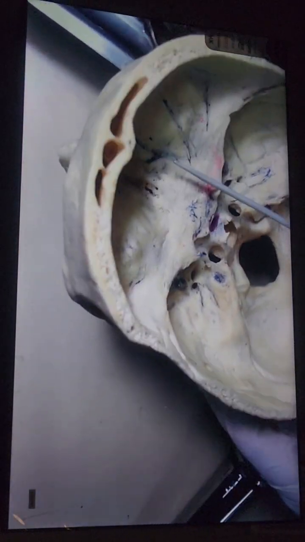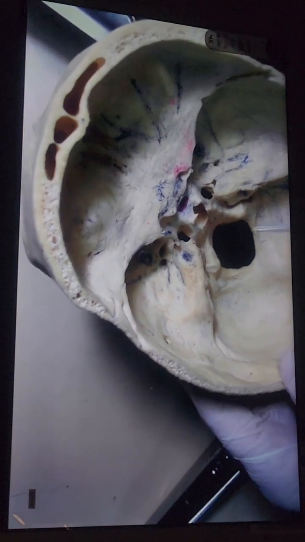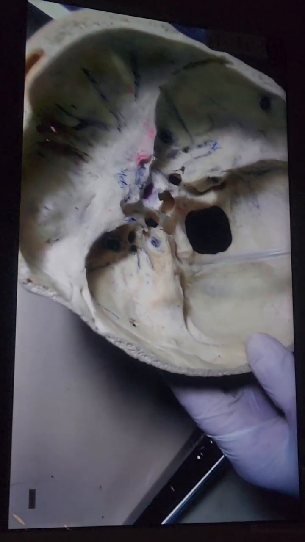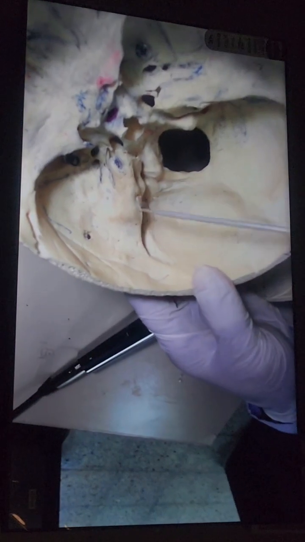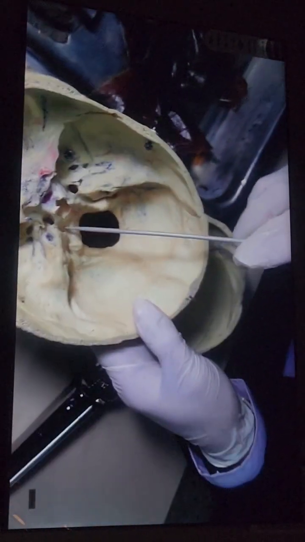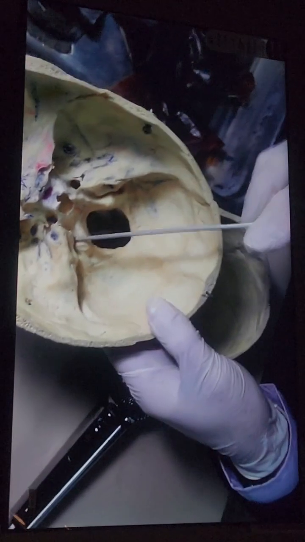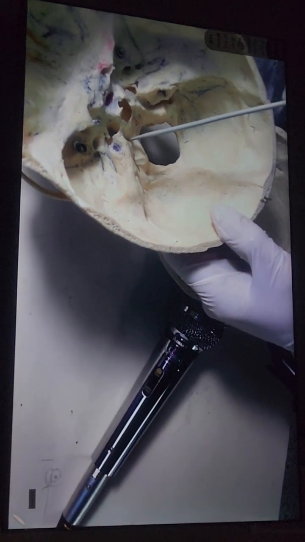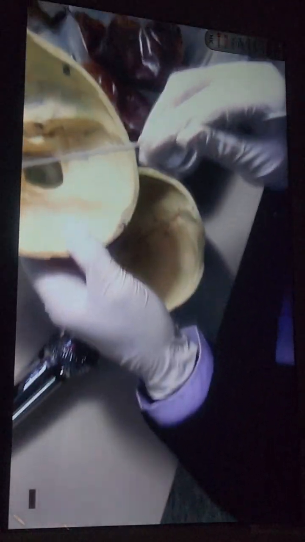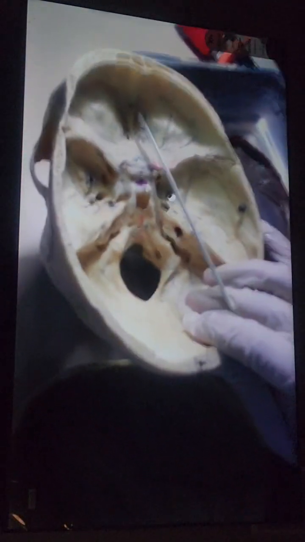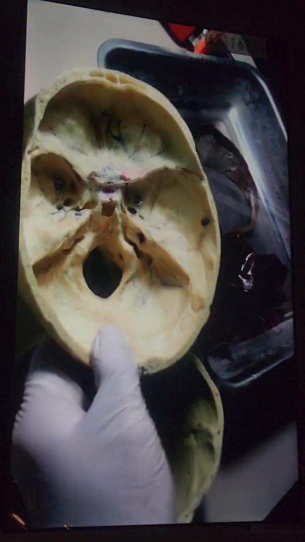The superior petrosal sinus, as I mentioned, runs along the attached border of the tentorium cerebelli to the petrous part of the temporal bone, and the inferior petrosal sinus also drains the cavernous sinus, which lies in a groove between the petrous portion of the temporal bone and the basilar portion of the occipital bone, to be drained into the internal jugular vein.